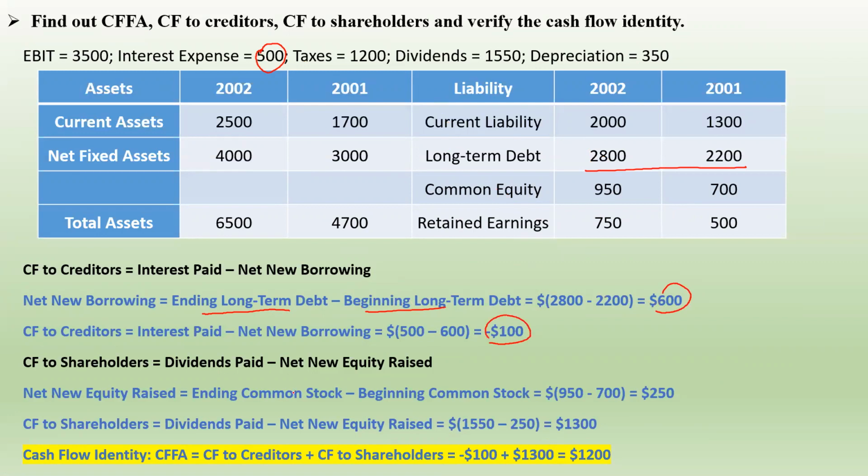Cash flow to shareholders is equal to the ending balance of common stock minus the beginning balance of common stock. It's 250. We do not have a paid in surplus account. And the dividend is 1,550. So we found out the cash flow to shareholders is 1,300. And we found out the cash flow identity holds.